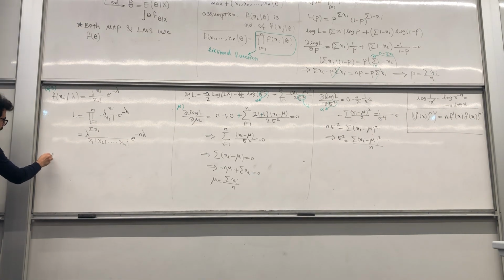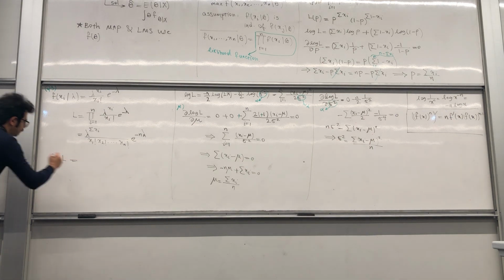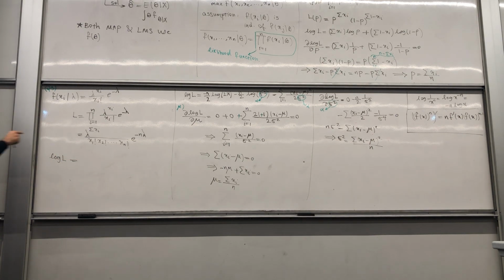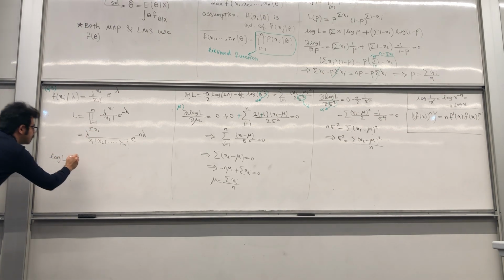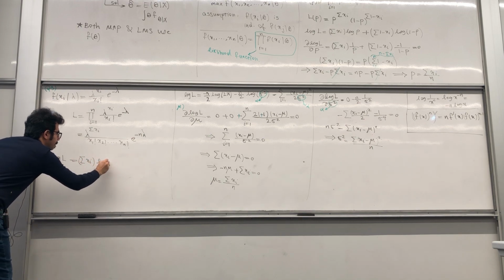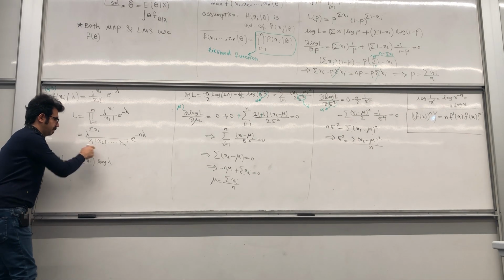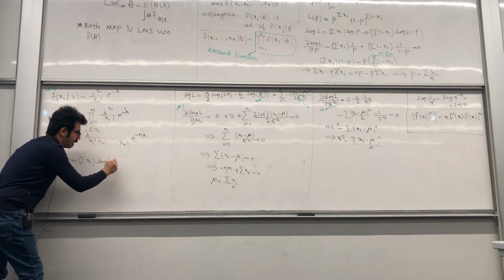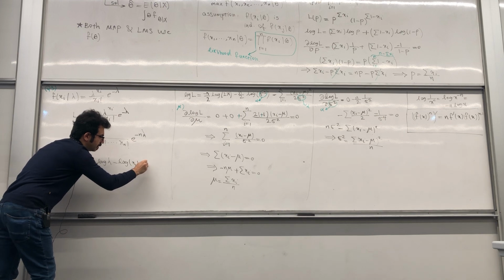As usual, we find the log likelihood and then we find the derivative. Let's take the log. Log of lambda to the power of xi is equal to the summation of xi times log of lambda. And also, in the denominator I have minus log of the factorials; again, I cannot simplify anything here.